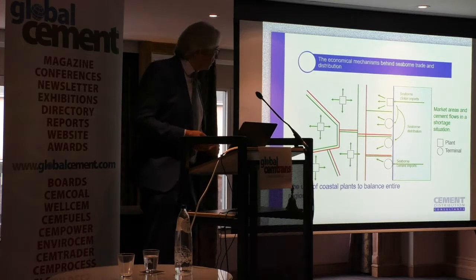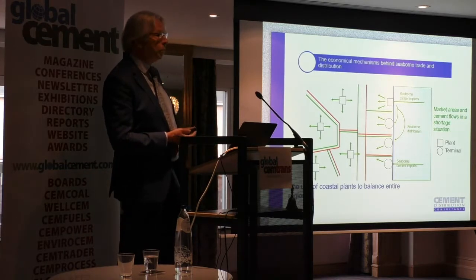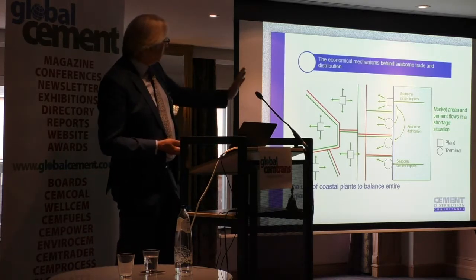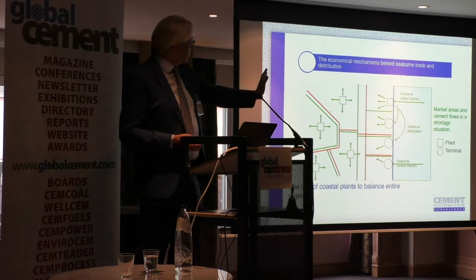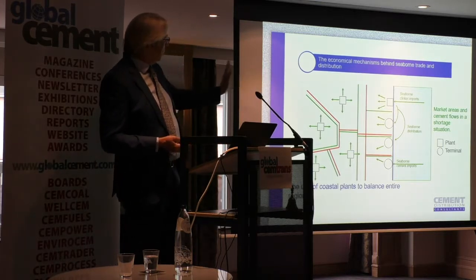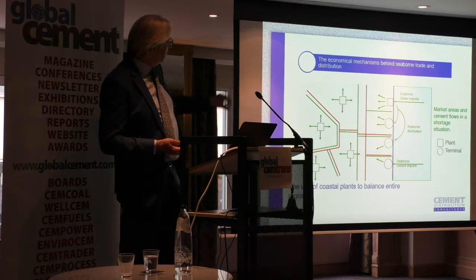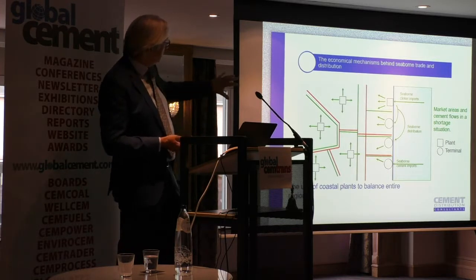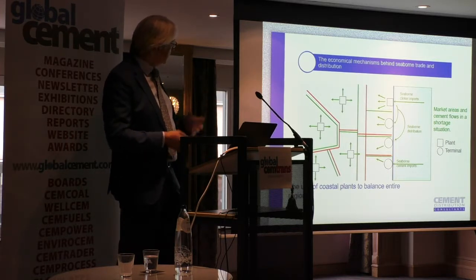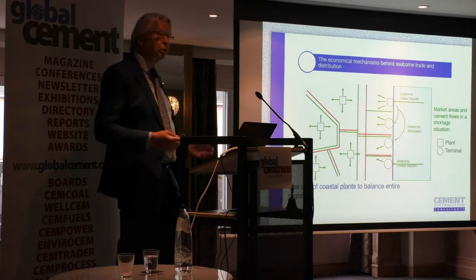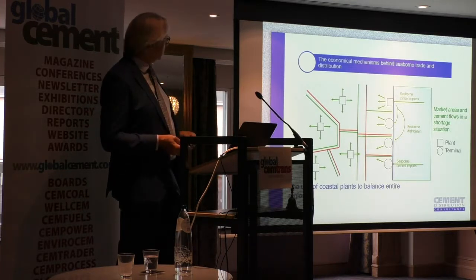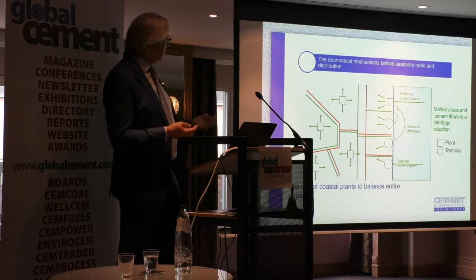It actually uses one of the coastal terminals to import bulk cement. And that means that actually the sales areas of those coastal facilities will move much inland, and the inland plants can actually supply closer by. So overall their distribution costs also become a bit less.